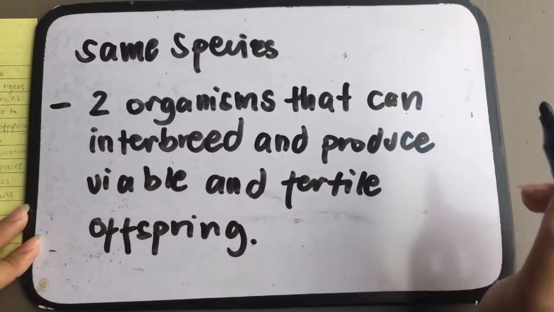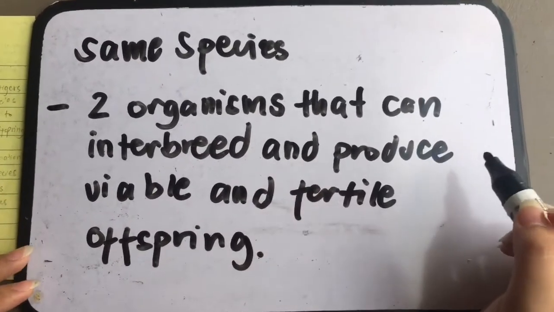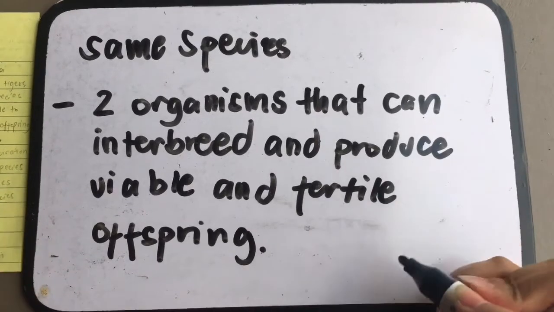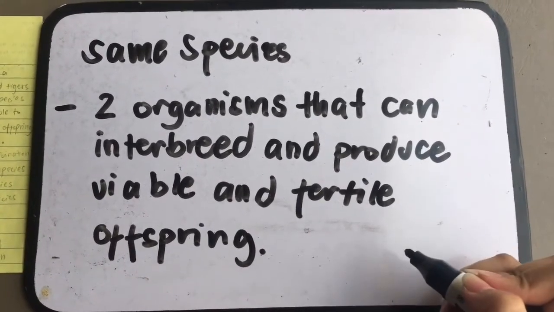So, same species are two organisms that can interbreed and produce viable and fertile offspring.